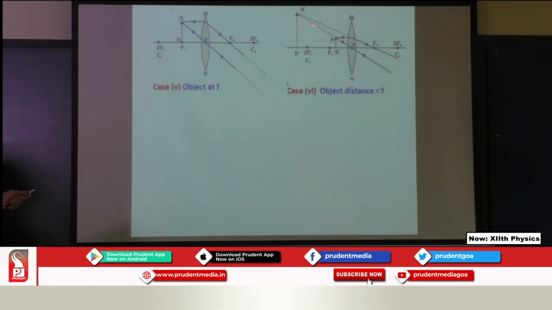So, we need to produce them backward, and here is where the image is formed, and this particular image is formed on the same side as the object, and it is going to be virtual and highly magnified. So, keep these two things in mind, students, because I will be using this when we will be learning about the optical instruments.